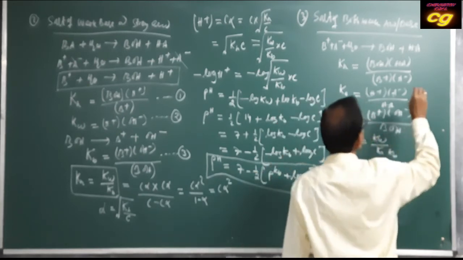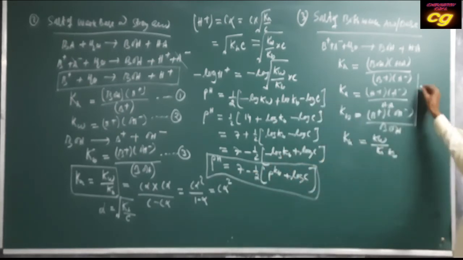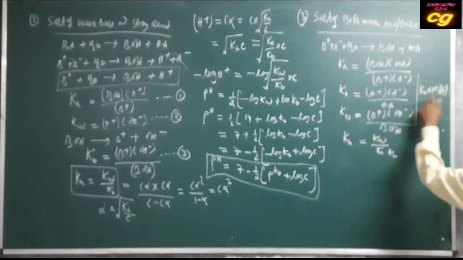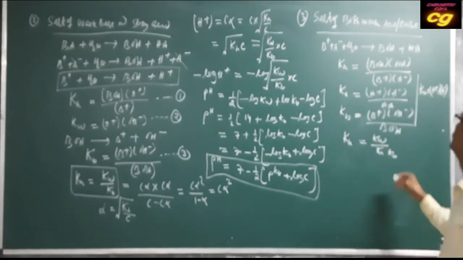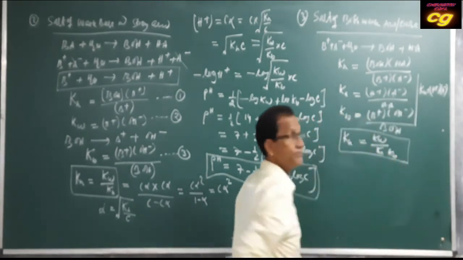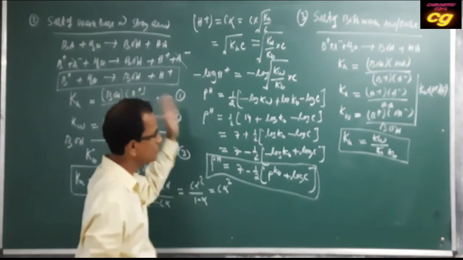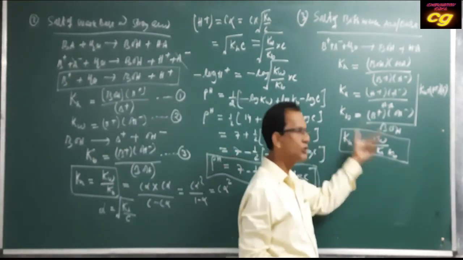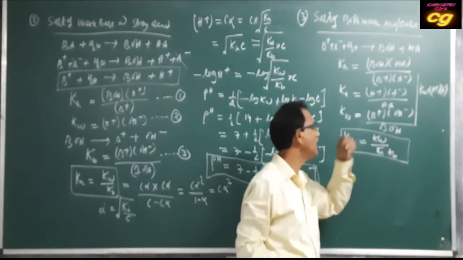Because remember, we know that KW is equal to H plus into OH minus. If you take equations 1, 2, 3, you will get KH is equal to KW by Ka into Kb. So when one is weak, it is KW by Ka or KW by Kb. If both are weak, then KW by Ka into Kb.